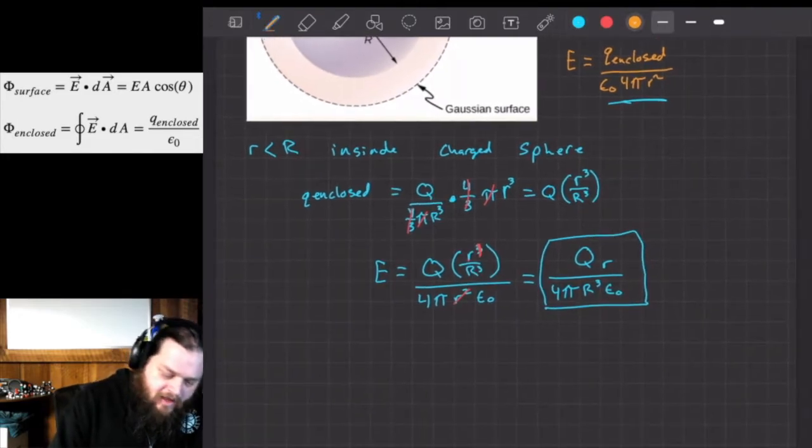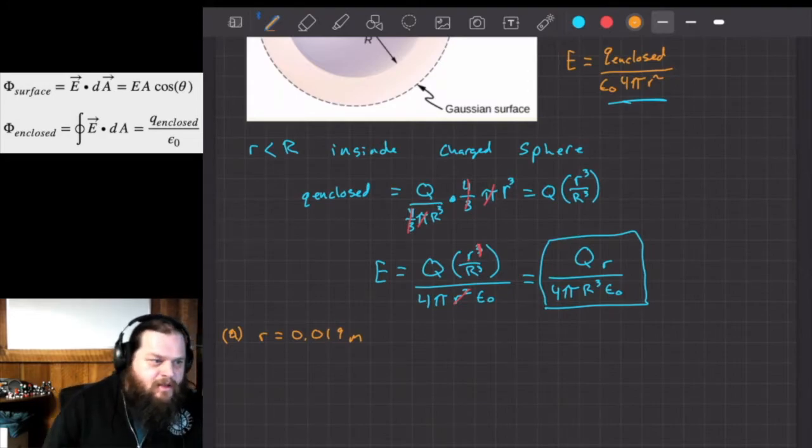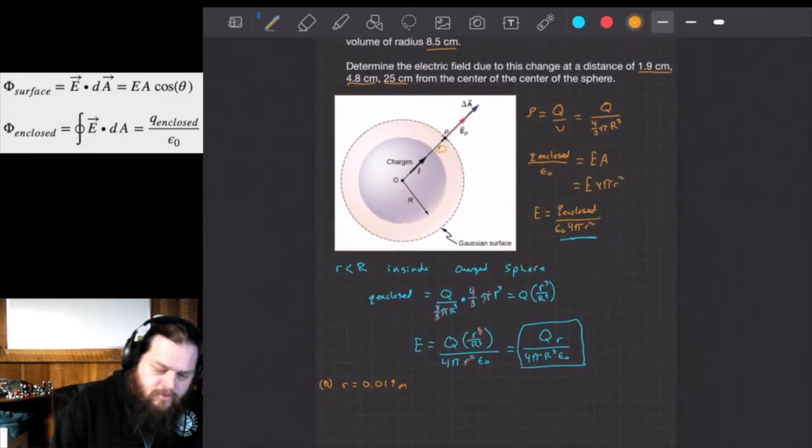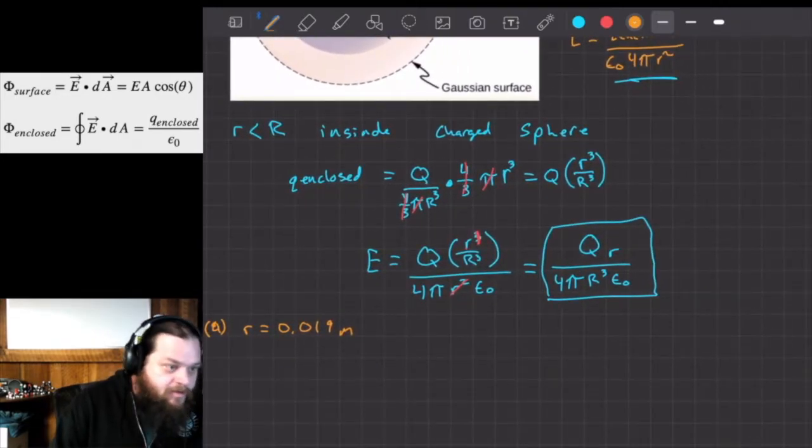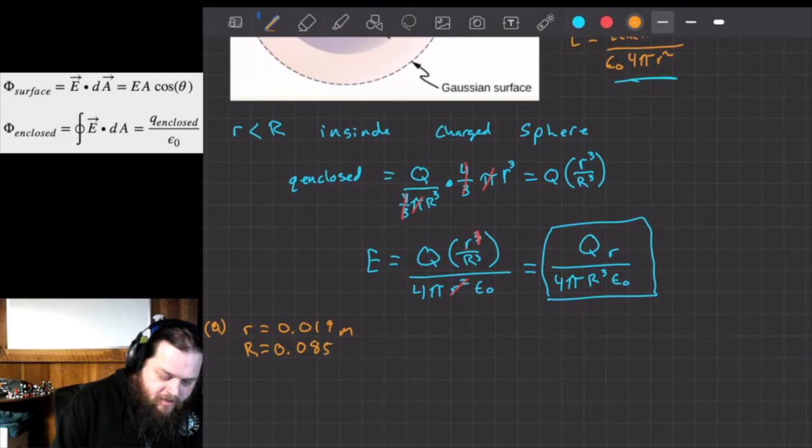So now using that, looking at part A, the first part, where we had that little Gaussian surface at 0.019 meters, that's 1.9 centimeters. And we know that big R is still equal to 0.085 meters, that's 8.5 centimeters.